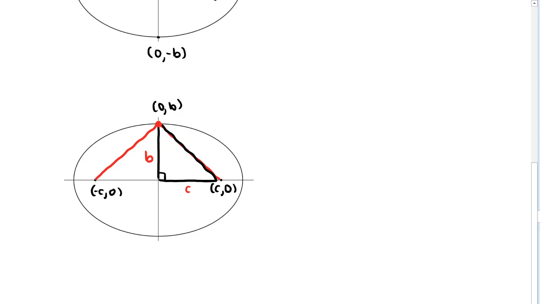If I call these d1 and d2, using the Pythagorean theorem, d2 squared is b squared plus c squared. So this distance d2 is equal to the square root of b squared plus c squared.